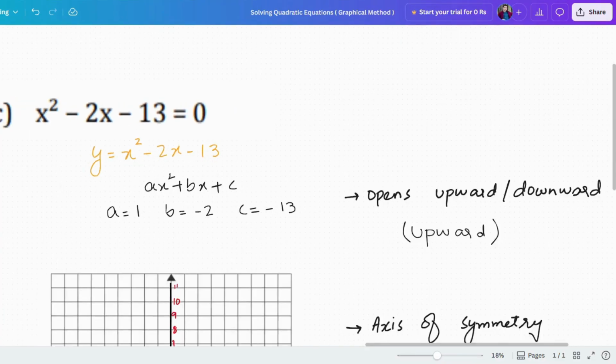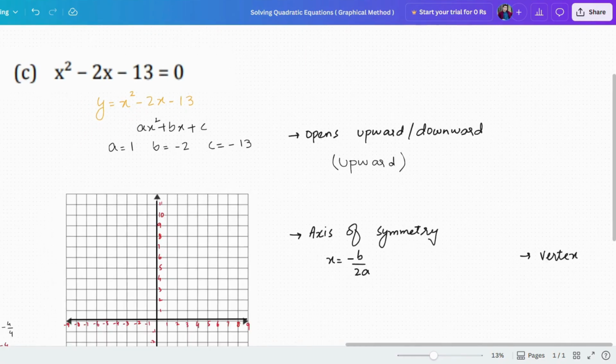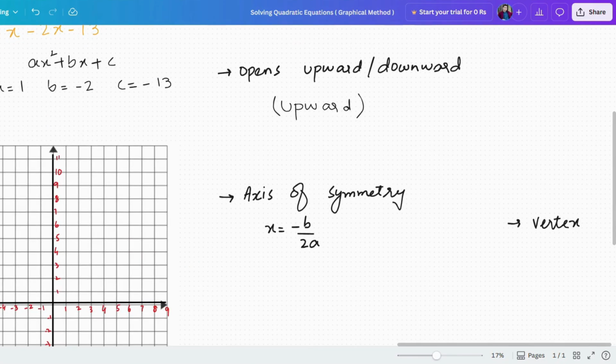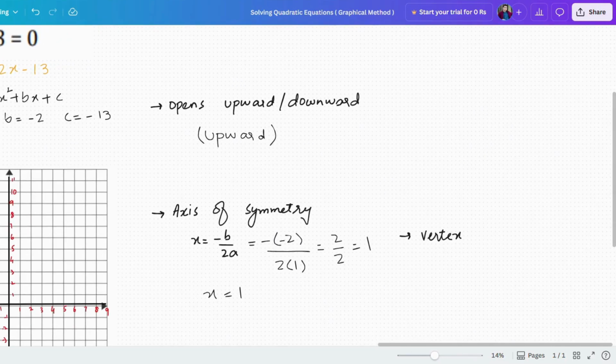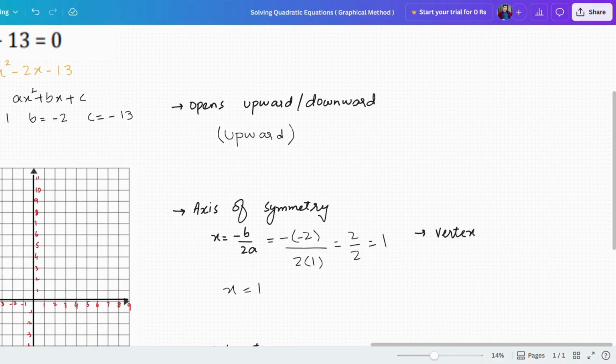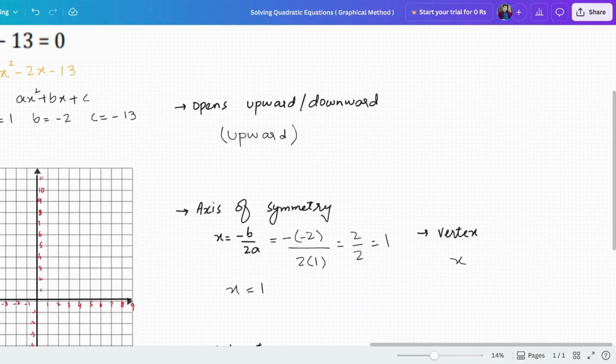So now after that, what's the first thing that we need to find out? We need to find out the axis of symmetry. So now we'll put our values in it. b is equivalent to negative 2. So negative of negative 2 divided by 2a, which is 2 times 1. That should be equivalent to 2 over 2, which is 1. So axis of symmetry is equivalent to 1. Now I will be putting it into the equation to find out the vertex. All right. So y equals x square minus 2x minus 13.